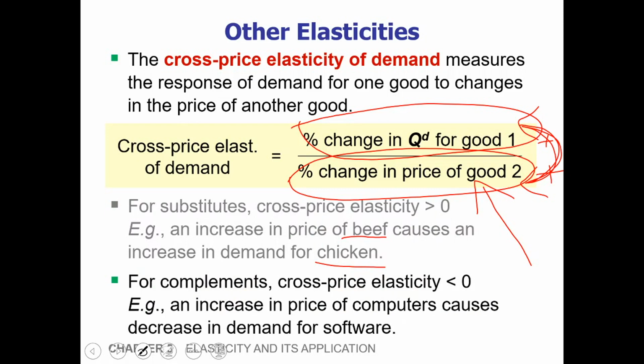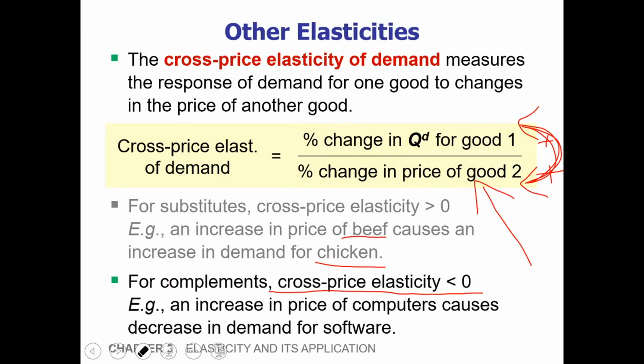On the other hand, we have complements. Complements are goods which are used together. So for example, gasoline and a car are complements, and pen and ink are also complements because they are used together. So the cross price elasticity of these goods is negative. And why is it negative? If you look at the formula, we have percentage change in price of good 2.